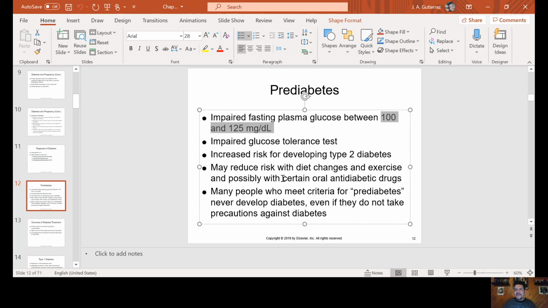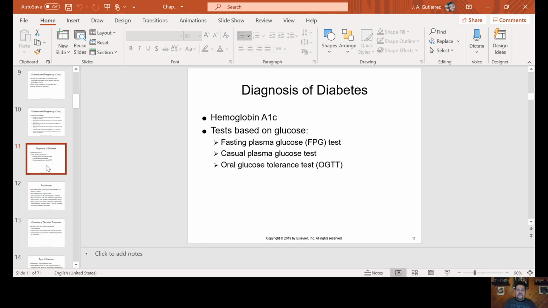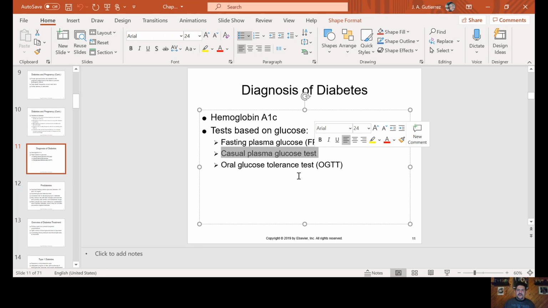This is our gray area. The patient is not normal, but not diabetic. We call them pre-diabetics, and we'll get to that later. But those are the numbers that you need to remember in order to decide if the patient is diabetic or not. So we have a patient doing a casual plasma glucose, and the values come somewhere in that gray zone.